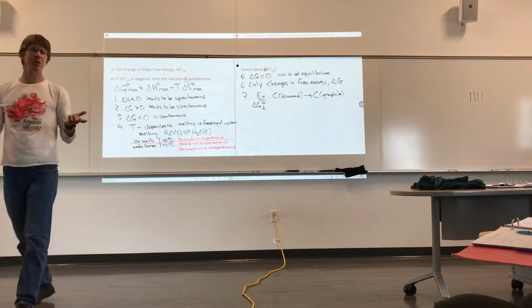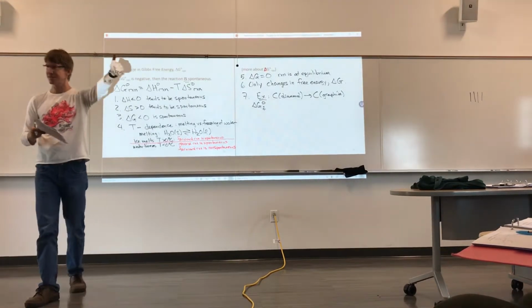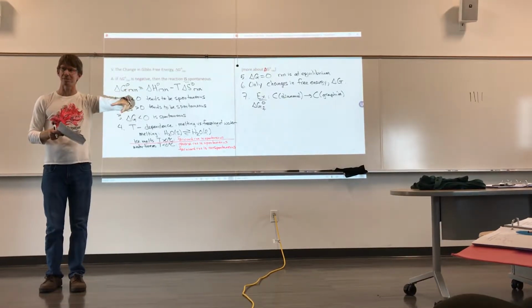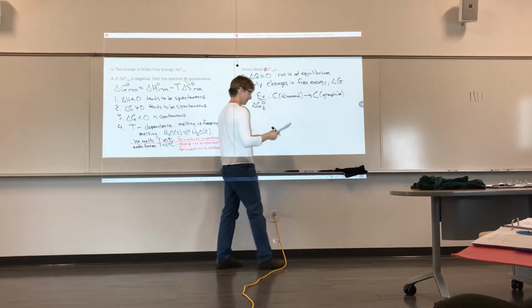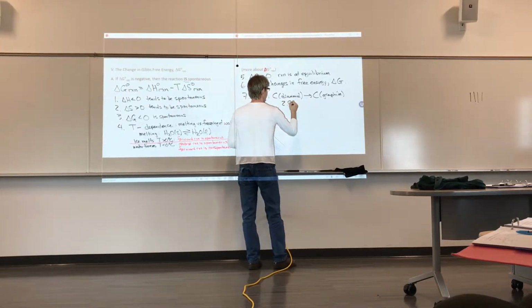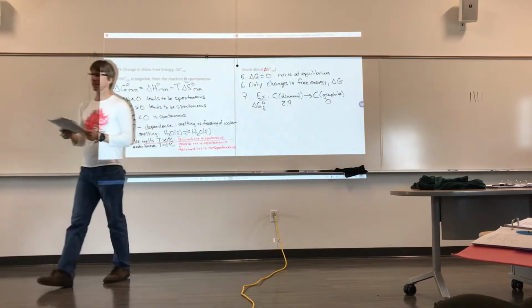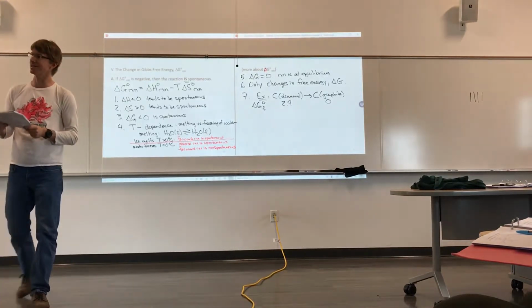Now when you look at your conversion equation sheet, you will see that there are delta H Fs, delta G Fs, and S naught. So 3 columns, you are now able to use all of them. You'll look it up and you'll see that diamond is 2.9, graphite is 0.